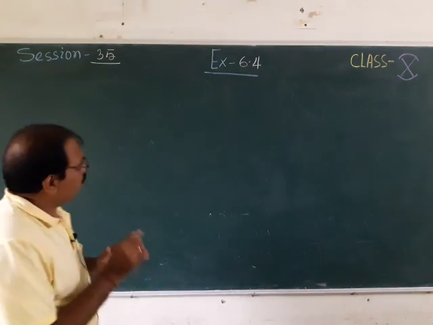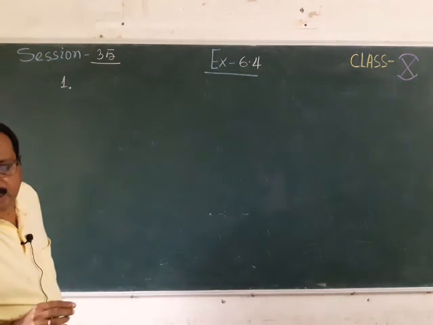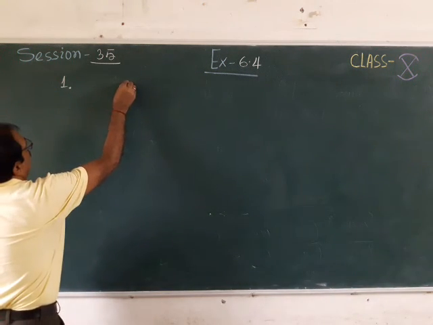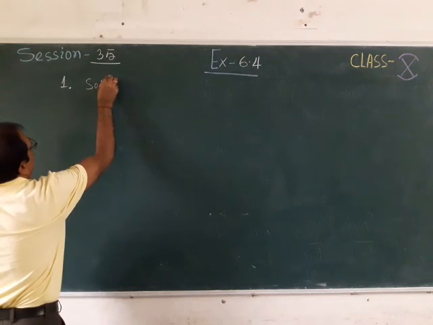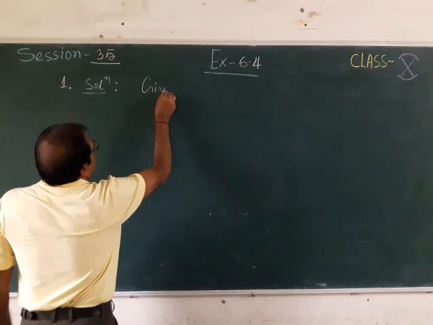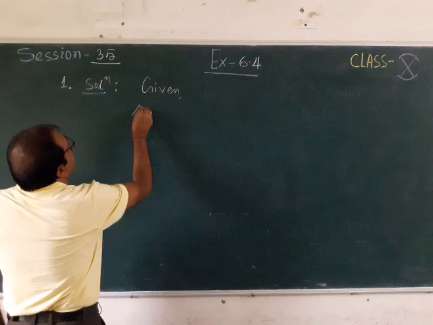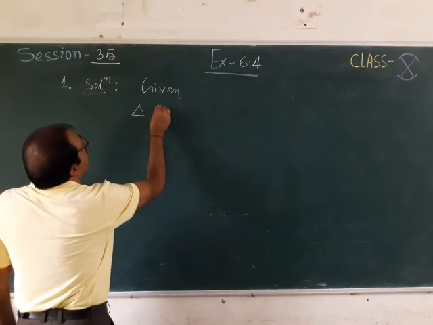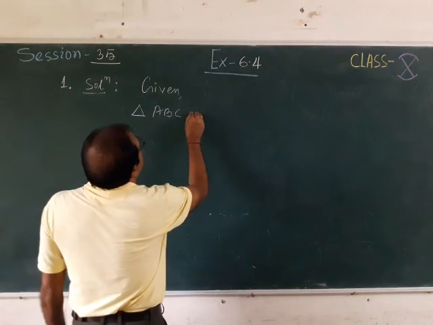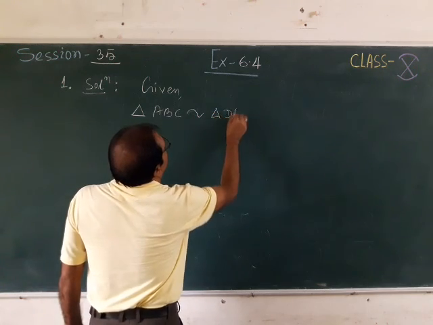So what to do? Here in question number 1, you have two triangles, which you can draw in the solution part. First of all, write what is given. It is given that triangle ABC is similar to triangle DEF.